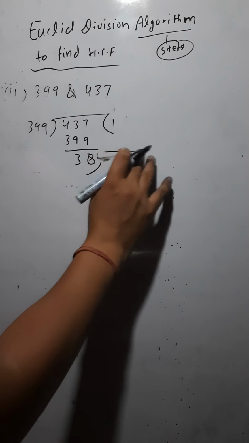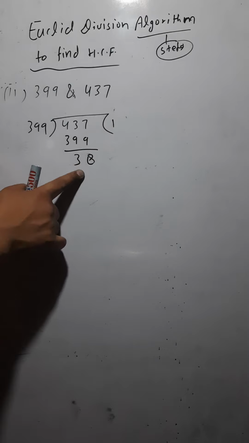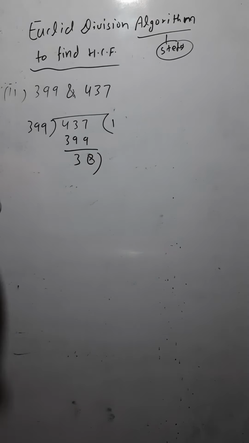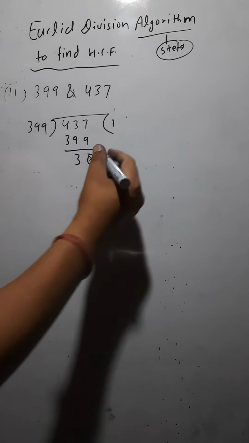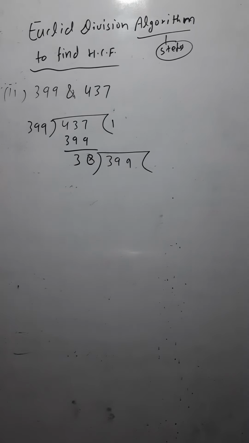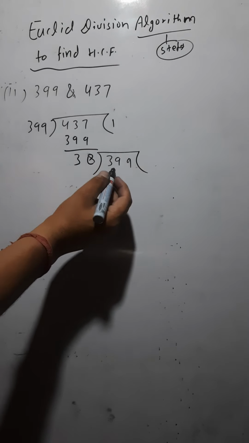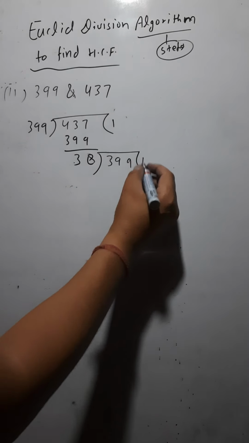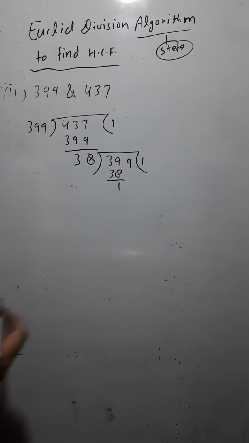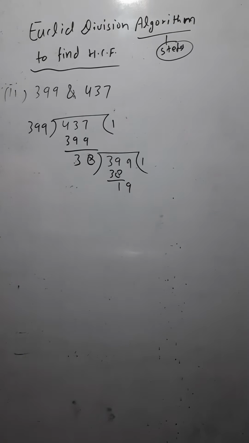Now take it as the remainder. As I told you in the previous question, if you are getting a remainder, then that remainder becomes the divisor now, and the previous divisor becomes the dividend. So the previous one is 399. Now how many times is it divisible? You are going to divide 399 by 38. So 38 ones are 38. What is the remainder? 19 is the remainder. Now is this 19 divisible by 38?